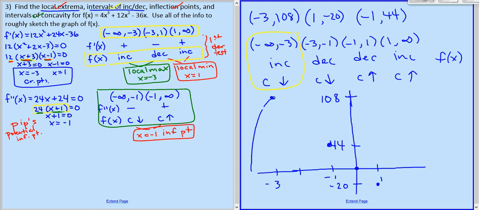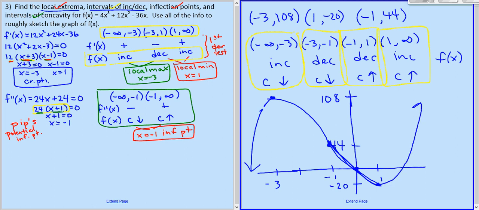For the next interval, we're going to make our graph decrease and be concave down. For the next interval, we're going to make our graph decrease and be concave up, changing the curvature so it looks more like a bowl and less like a mountain. And then for the next interval, we're going to make our graph increase and be concave up.